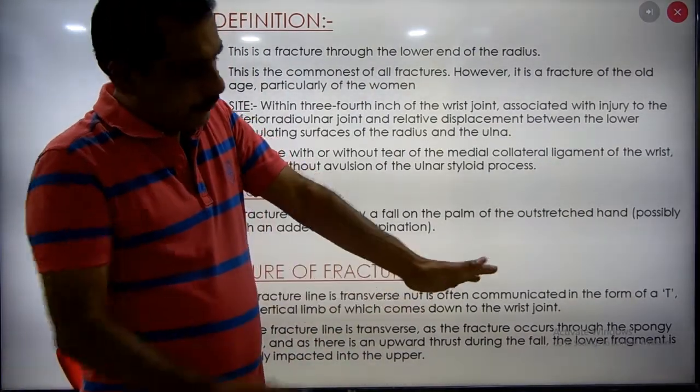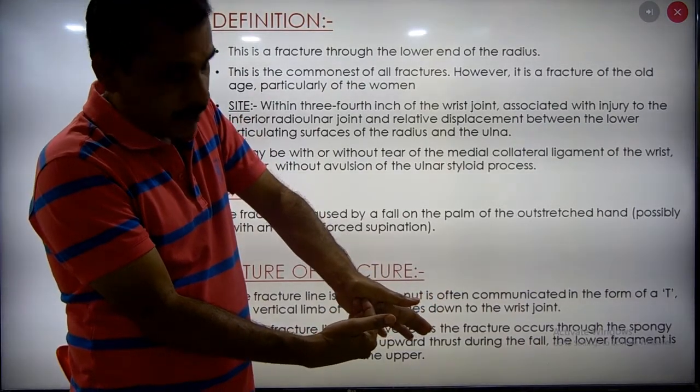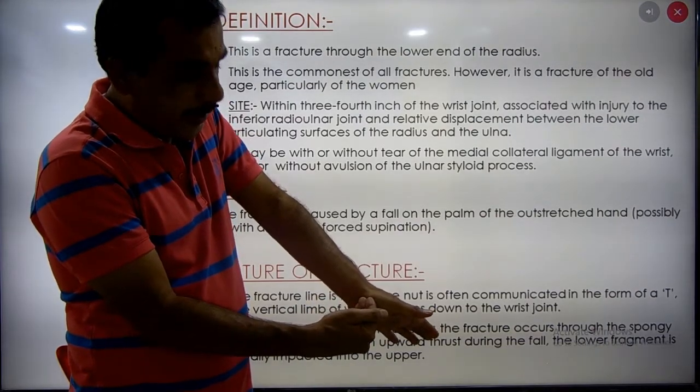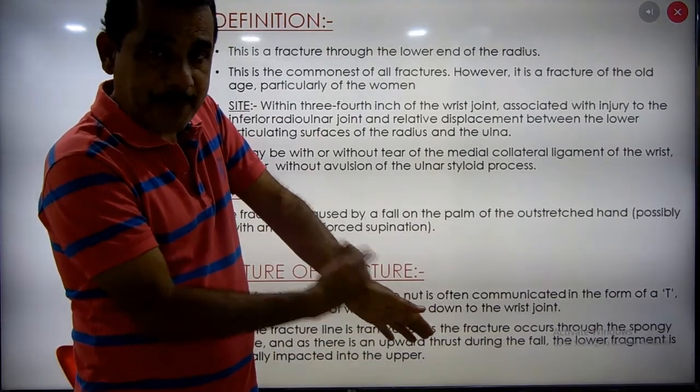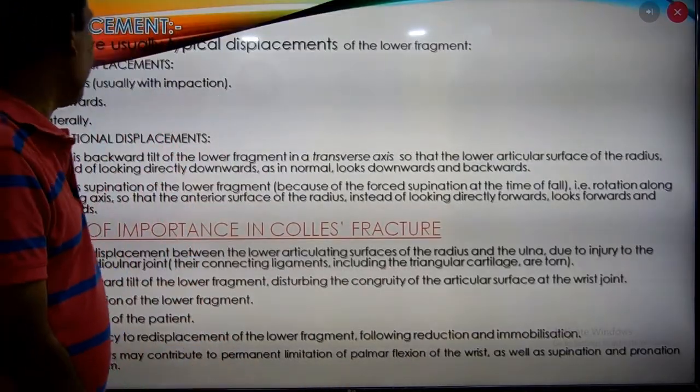So when the woman falls, the direction of the force is upward. After the separation, the lower end may get impacted into the upper end of the radius.